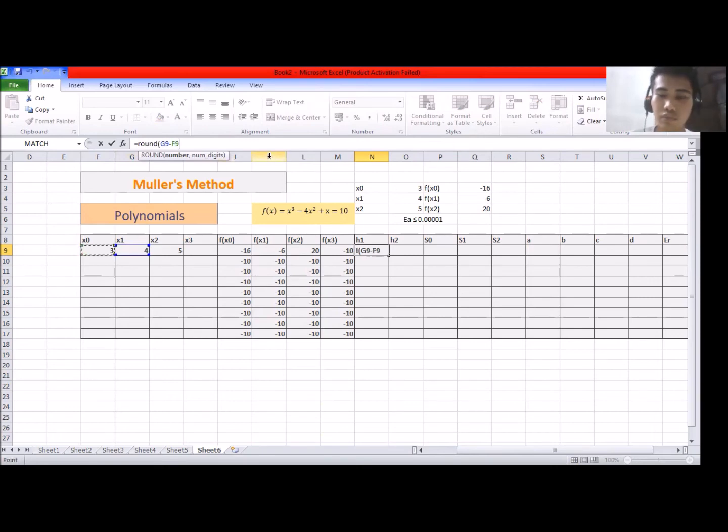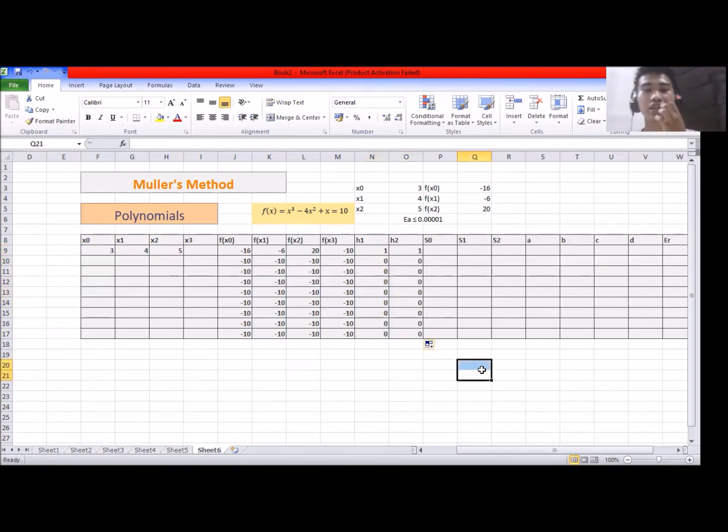So that's how we get the h of 1. Then copy it here, here, and here, and that's how you get the h of 1 and h of 2.